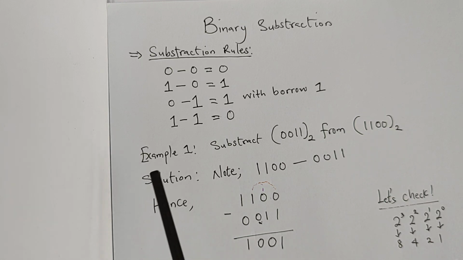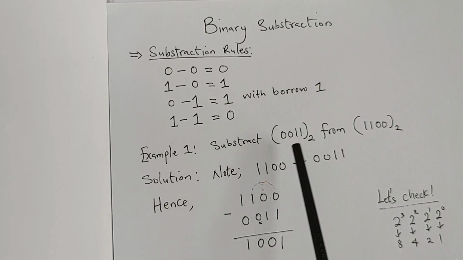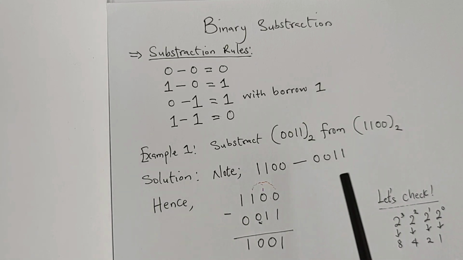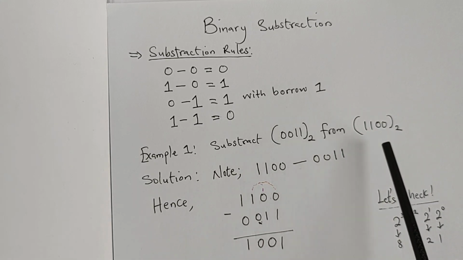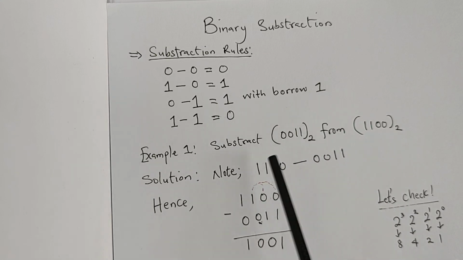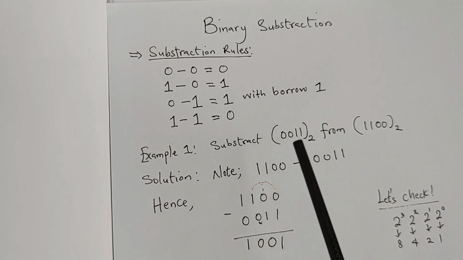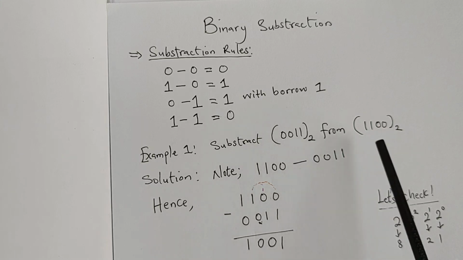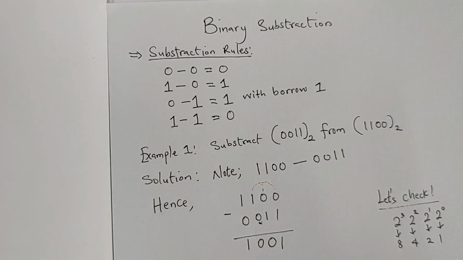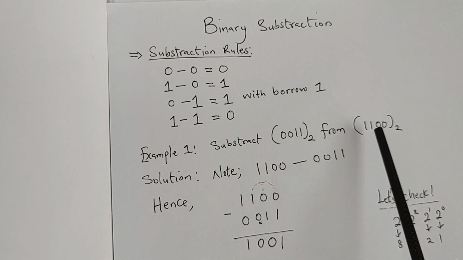Alright, so the question says subtract 0011 base 2 from 1100 base 2. Now from this question, it tells us that 1100 is larger than 0011. This tells us that 0011 is nothing but 3 if you convert to decimal, and 1100 is 8 plus 4, so this is 12, meaning 12 is larger than 3.